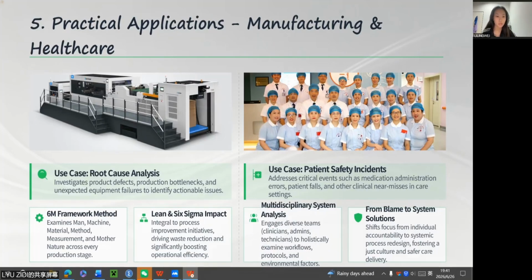In manufacturing, it helps identify the causes of product defects and equipment failures. In healthcare, it is also used to investigate patient safety issues such as medication errors and system faults. Instead of blaming individuals, it focuses on improving the whole system.